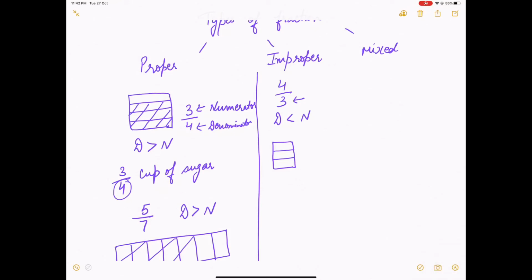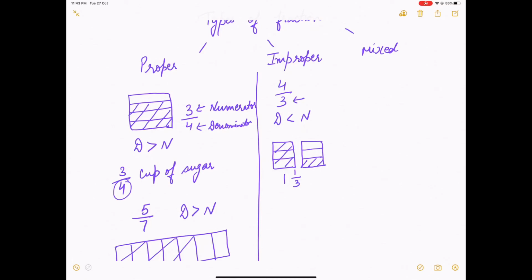That means I need 1 full cup which is divided into 3 equal parts, so 1 whole, and I need 1 more cup which is of the same quantity and divided into the same equal parts. So I will take 1 part from the second cup. So I can say when I need 4/3 parts of sugar, I will take 1 whole cup and 1/3 from the second cup.